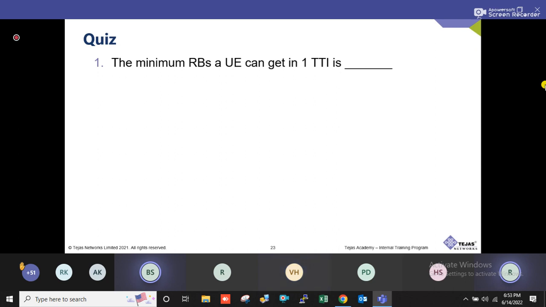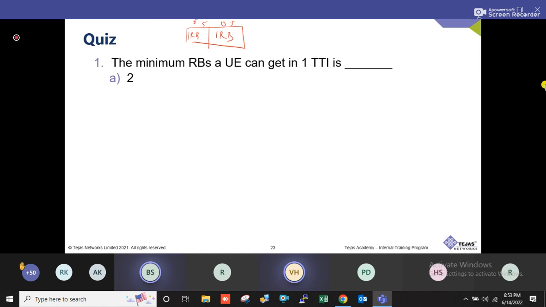What is the minimum number of resource blocks a UE can get in one TTI? 2. Excellent. It's 2, because one TTI is 1 millisecond, which means 0.5 and 0.5. So this is one resource block, and this is one more resource block. So minimum you will get 2.